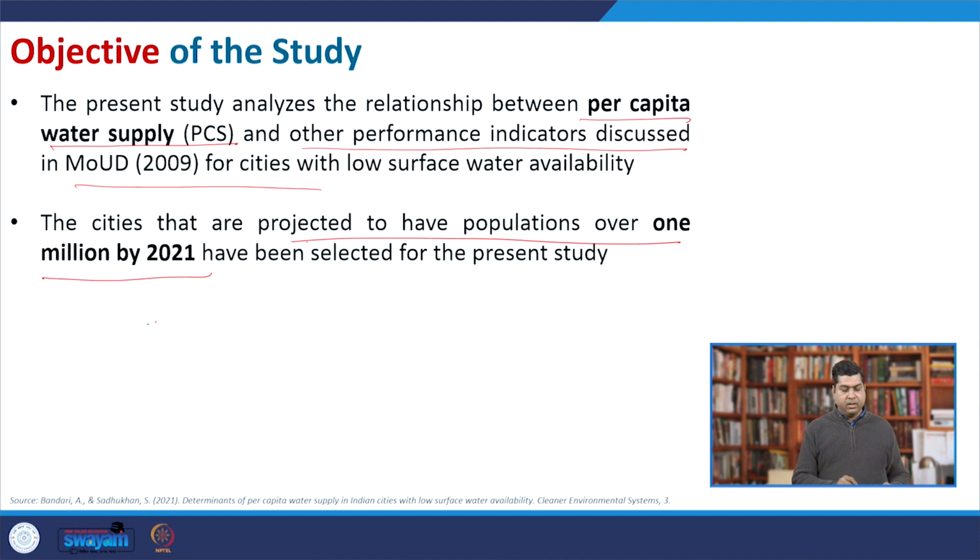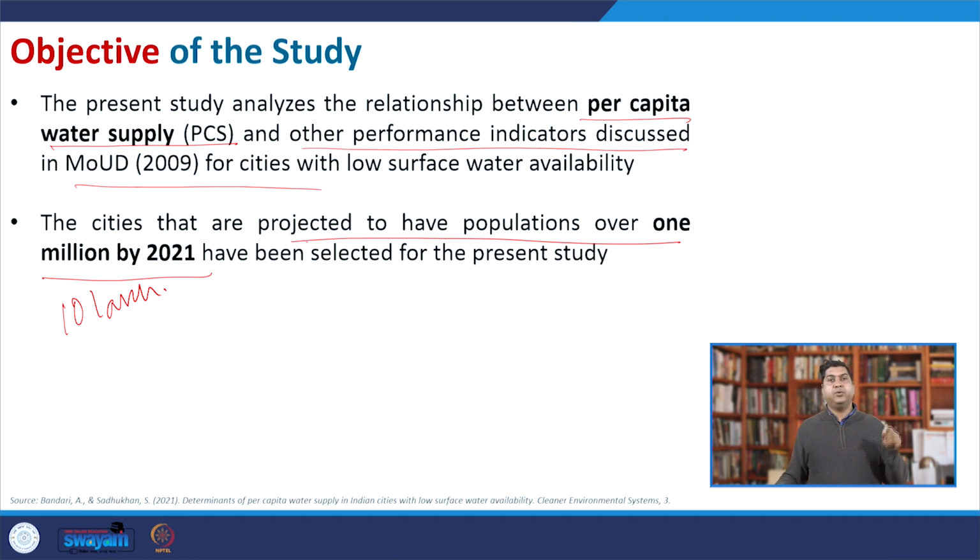1 million, meaning 10 lakh population, by 2021. This is because when we initiated this research in 2019-20, the latest population data we had was from 2011, and 2021 was about 2 years ahead of the research timeline.